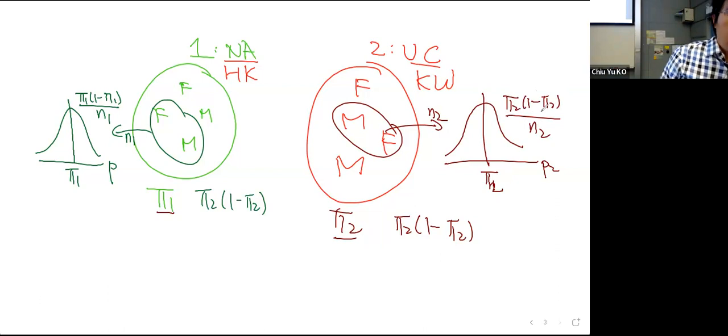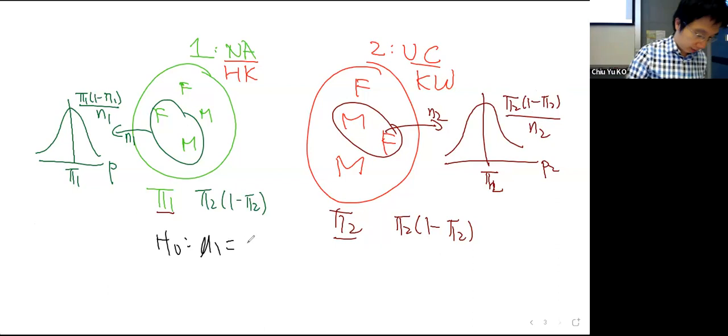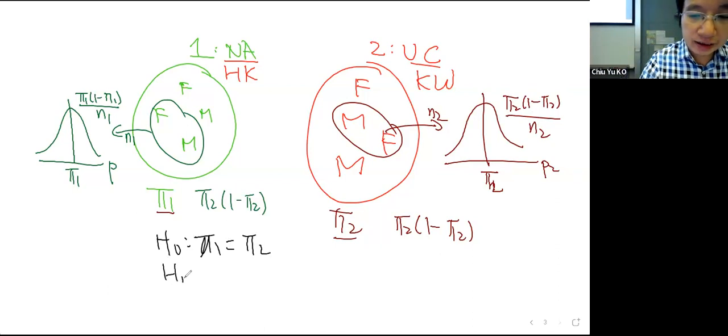And the question again is whether the two groups are the same. Pi 1 is equal to pi 2, versus pi 1 not equal to pi 2. You can do both sides, but I just focus on the one-sided case because they're normal.